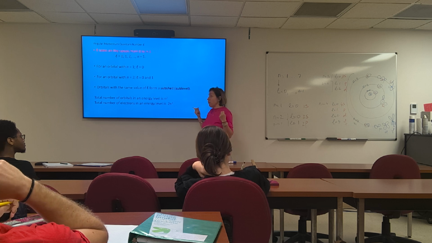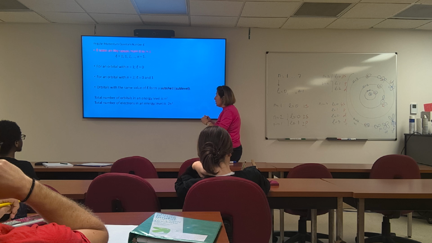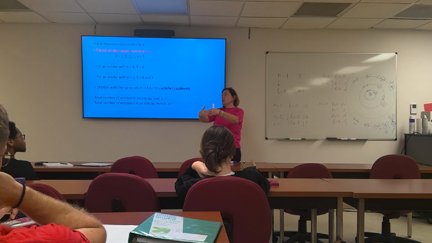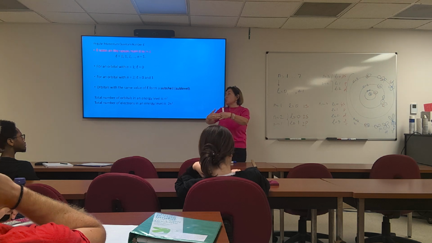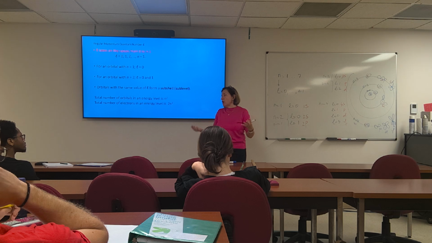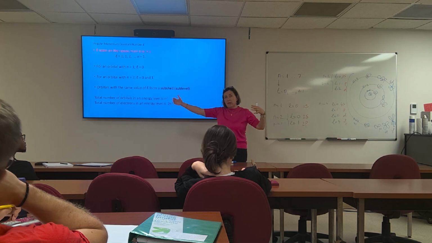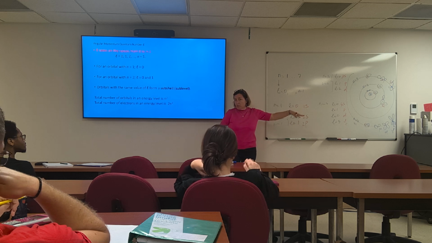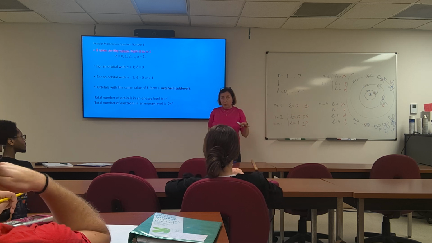Good so far? Okay. An older way to say it, instead of energy level, people used to call it shells. And instead of sublevels, they call them subshells. So shell 1, 2, 3, up to 7, and then the subshells, 1s, 2s, 2p, 3s, 3p, 3d, whatever the situation may be.